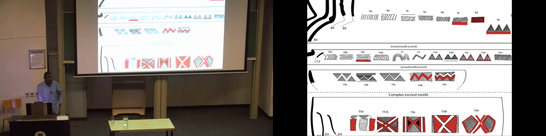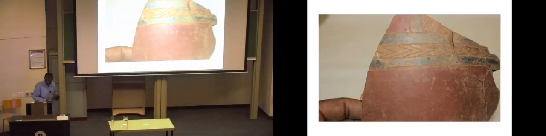Those of us who have been to the Pitt Rivers Museum at Oxford, some of the best pots from Khami are on display there, and it's quite amazing. But in terms of the designs, well, do designs on pots mean much? That is a question that I will ask later. So this is a photograph of some of the pots. This is how they look.